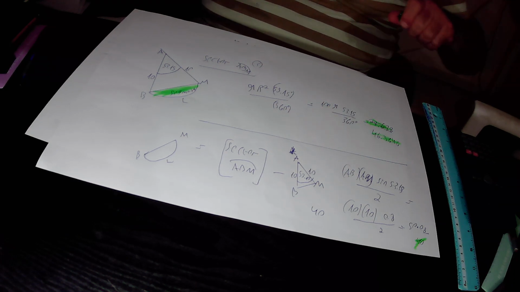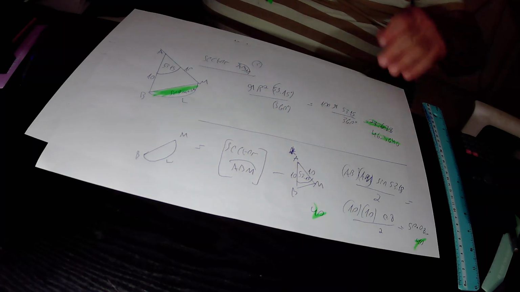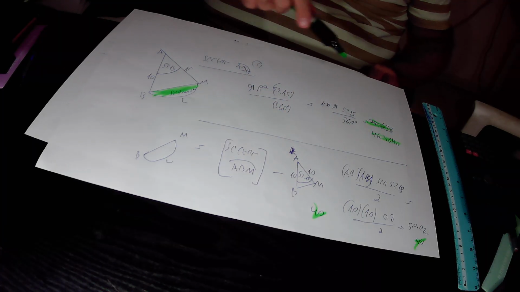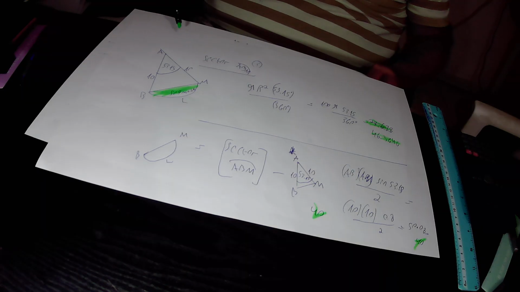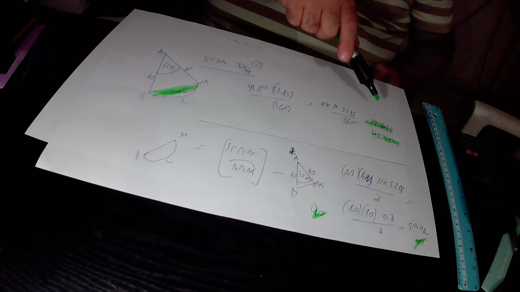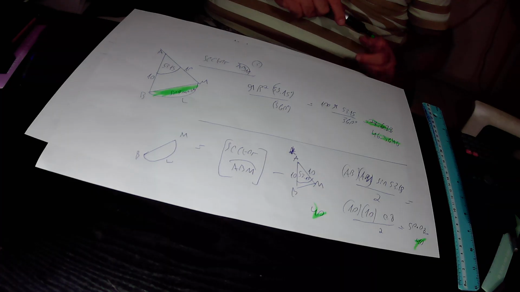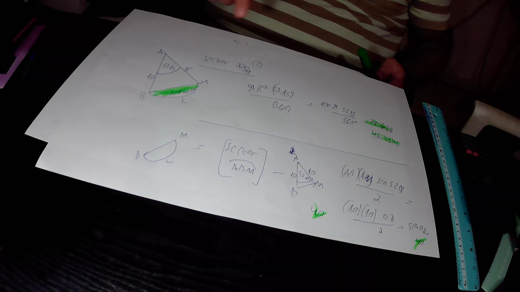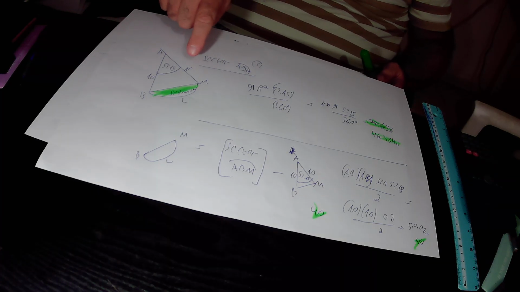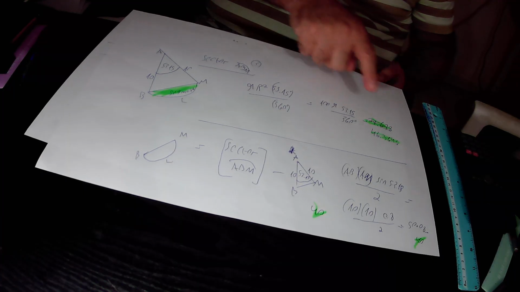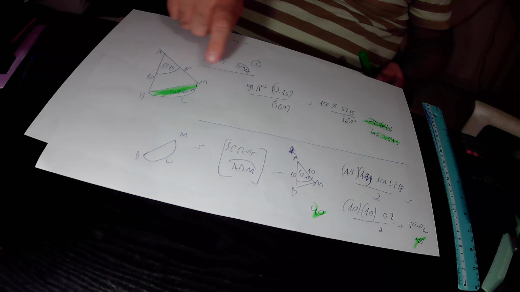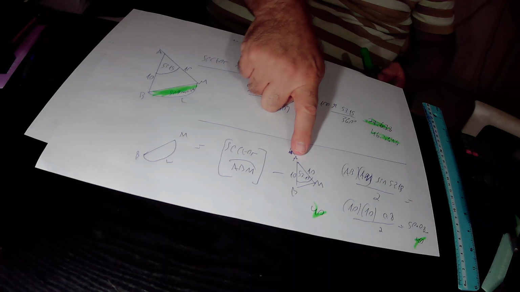Minus the area of sector AB, that is 46.3646. So 46.3646, that is the area of this sector AB, minus the area of this triangle AB, that is 40.